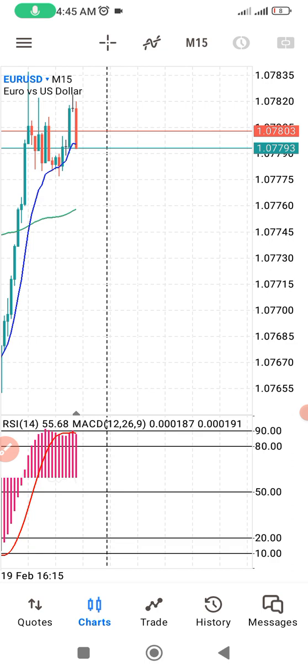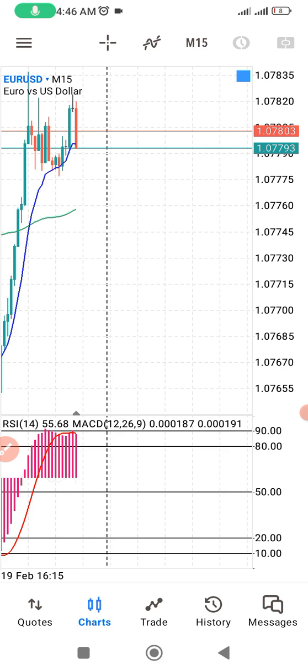So I'll be introducing us to two types of candlesticks. The first is the pin bar. Our first type of candlestick is a pin bar.